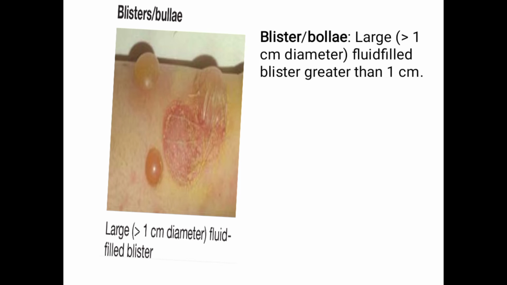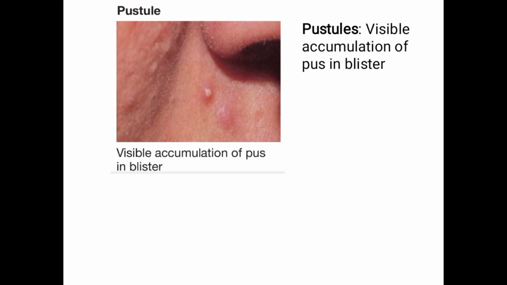The next are blisters and bullae. The difference is that in a blister or bulla, it is greater than 1 cm and it is large and contains fluid. So when you hear this, there's a disease we call bullous pemphigoid. It means that it contains bigger water, but when it contains smaller water, it's called a vesicle.